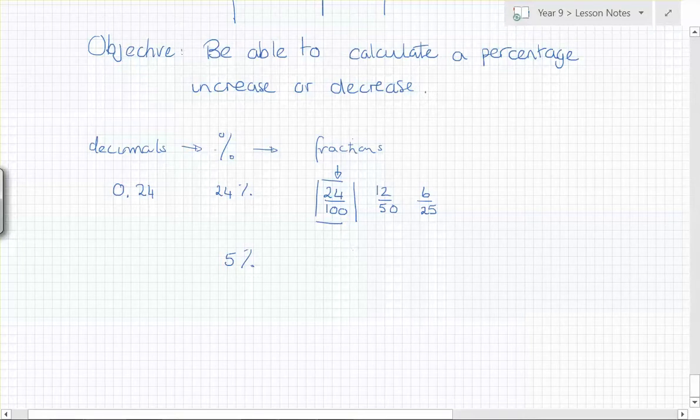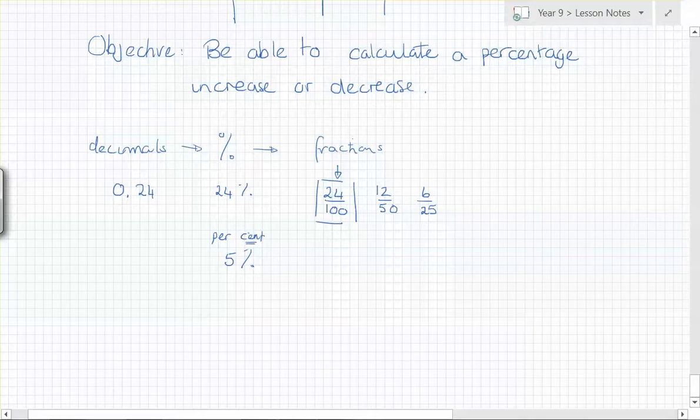Remember, it's 5%. Do you know what percent means? Per cent. You know what cent is? You have cents in centimes. How many cents in a dollar?